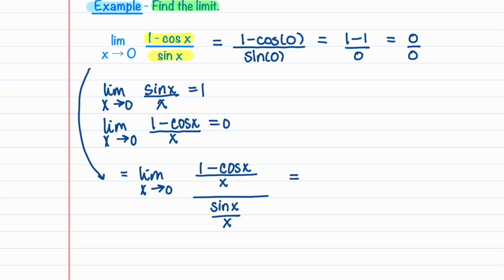You can see then that our top limit, 1 minus cosine x over x, is going to go to 0. And our limit on the bottom is going to go to 1. So our answer is 0 over 1, which is 0. And that's what our limit equals.